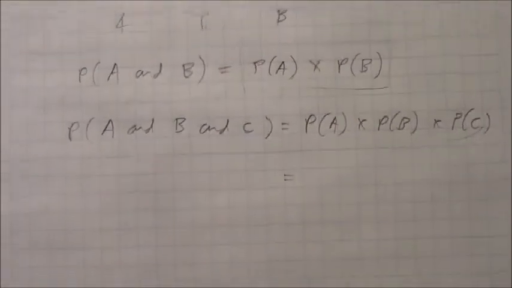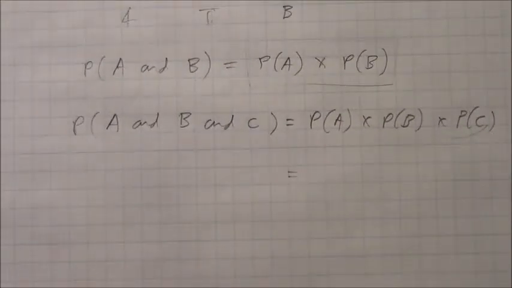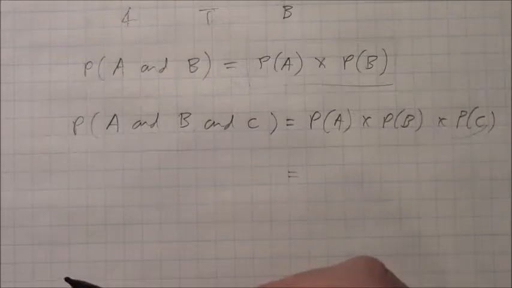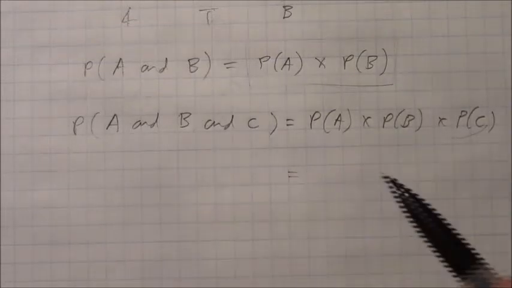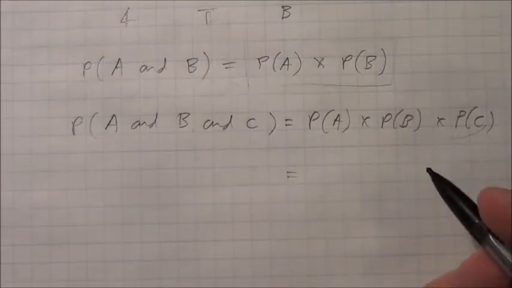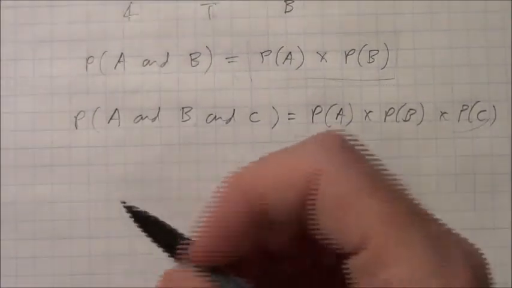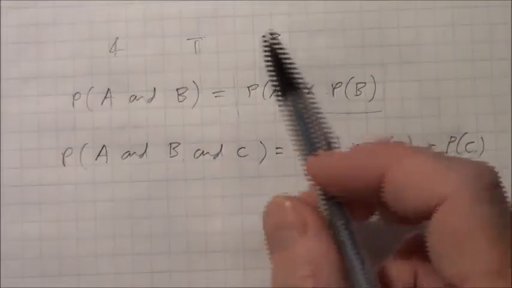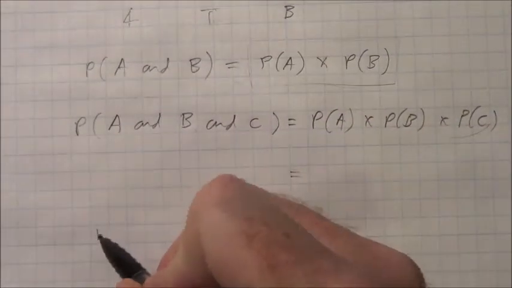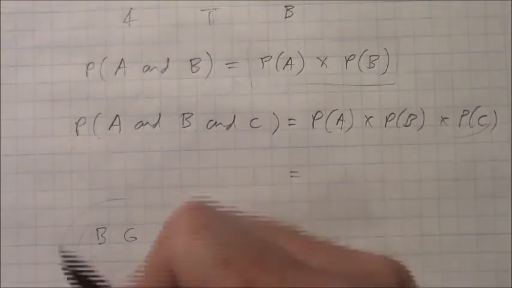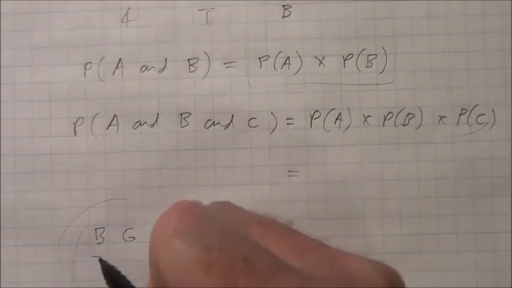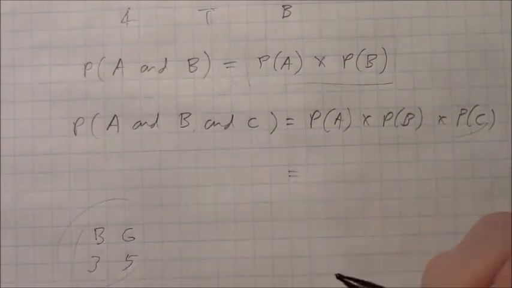When we look at dependent events, events are dependent if one of the events affects the occurrence of the other event. So, for example, suppose we had, again, our bag of marbles. Suppose we had blue and green marbles in a bag, 3 blue marbles and 5 green marbles.